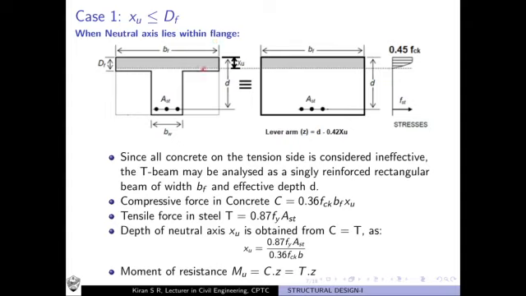So how are we going to analyze it? You may know that this is a reinforced concrete beam wherein we have already studied that the concrete on the tension side is completely ineffective. We are more interested only in the concrete on the compression side.